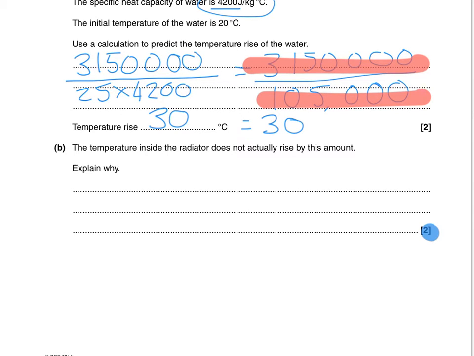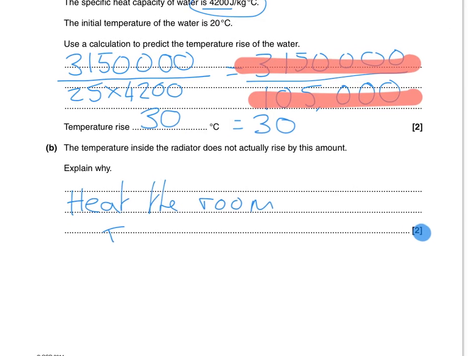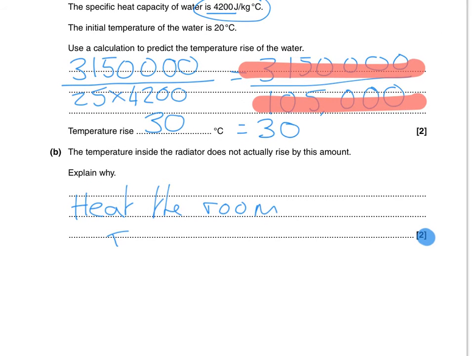If you say the energy is used to heat the room, you get 1 mark. If you say the energy is radiated to the room, then you get your 2 marks.